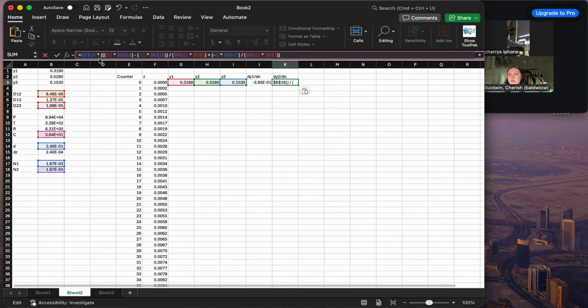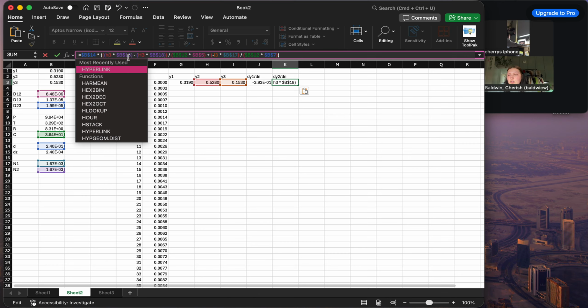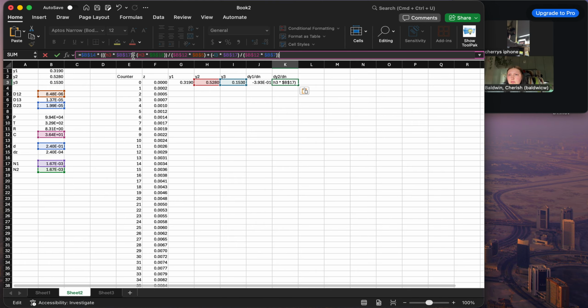So it's the length of the pole times y2 times N1, which is minus H3, which should be H1 or G3.